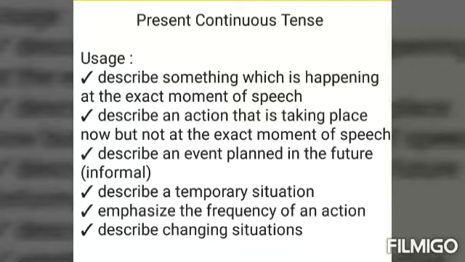It describes an event planned in future, but that should be informal. It describes a temporary situation. It emphasizes the frequency of an action. It also describes changing situations. These are the uses. Whenever we want to use present continuous tense, we will focus on these uses.